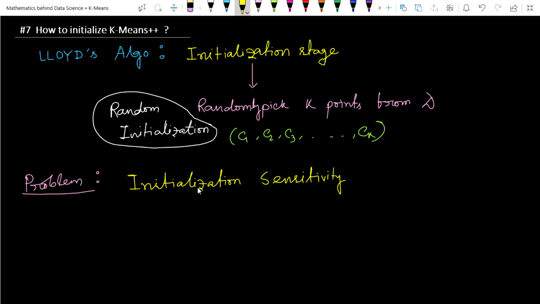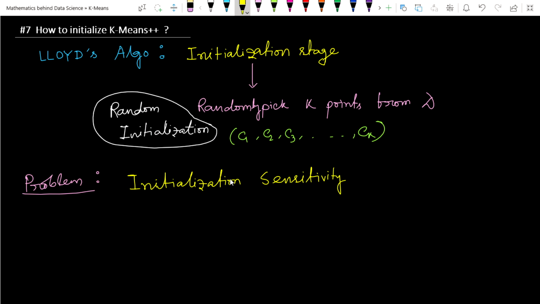Sometimes we face the problem that we get different kinds of clusters depending on the random points we pick.